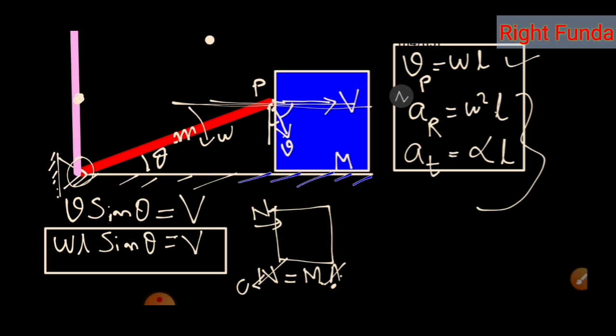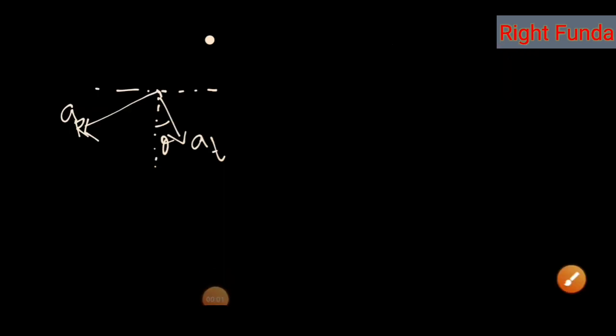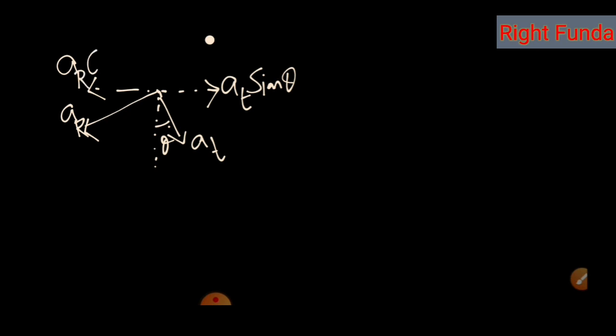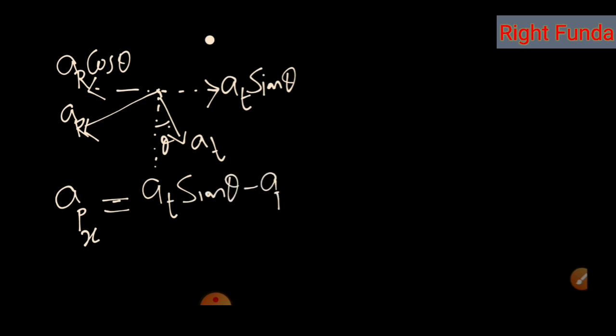So we'll write AT and AR like this. This angle is theta. So this component of tangential is AT sine theta, and this component of radial will be AR cos theta. So the acceleration of the point P along the x direction is AT sine theta minus AR cos theta, and that should be equal to the acceleration of the contact point of the block.